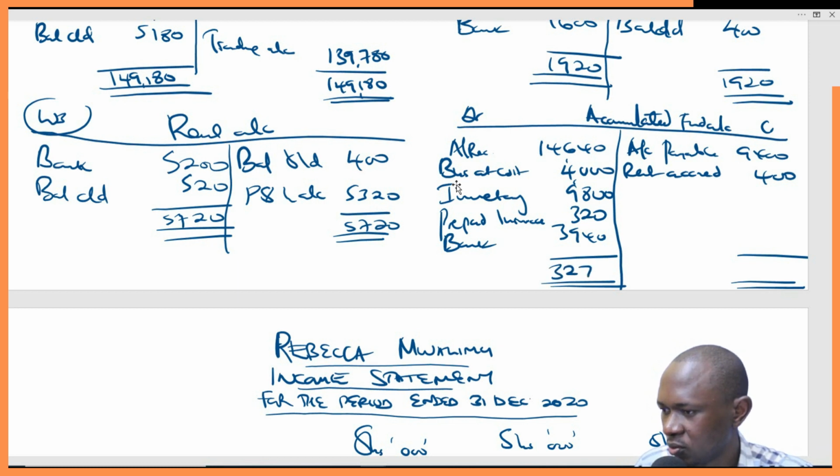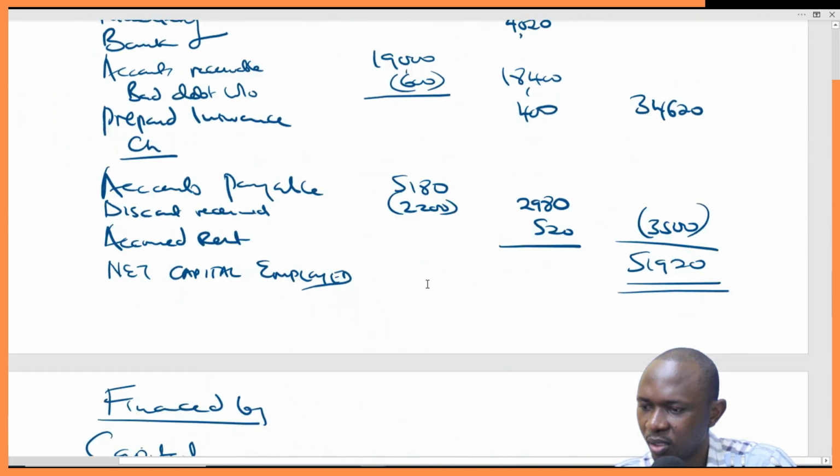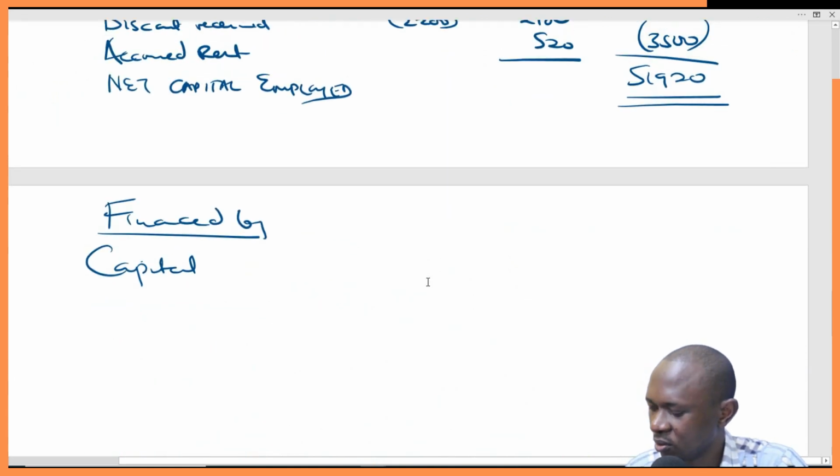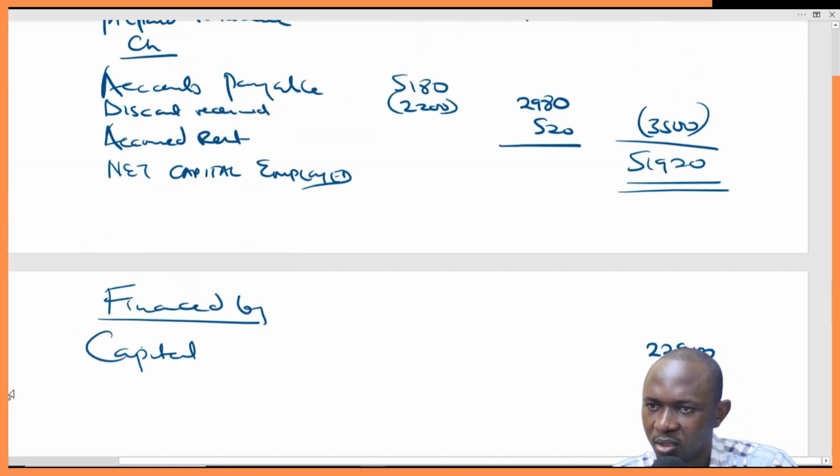So minus 94. That gives us 22,900. So our capital, simply come here and say capital 22,900. That's our capital.